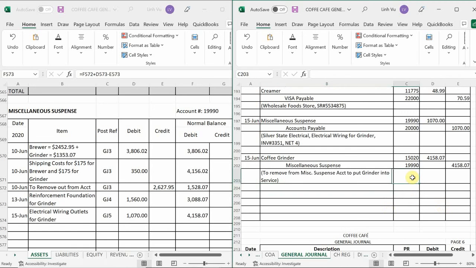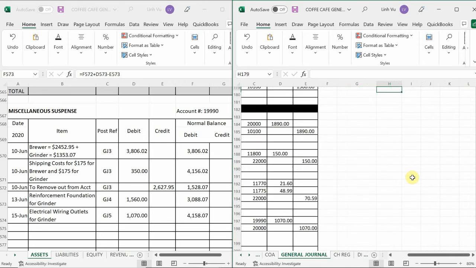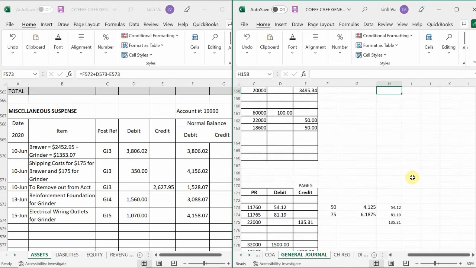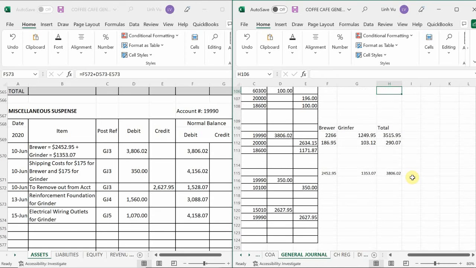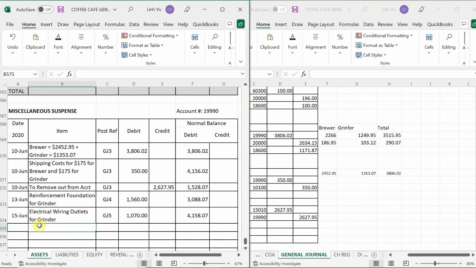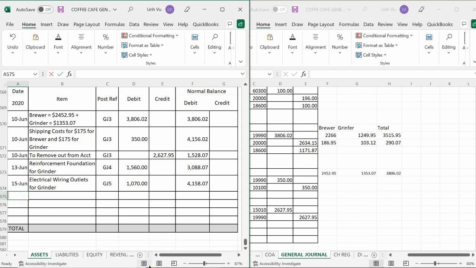So I'm going to go back up to this again since we need this information to put into my coffee grinder. Okay. So, ledger, right? It's up to you since I'm already on the miscellaneous expense account. So we can go ahead and do that one. The 15th, and we would put in the same thing that we had for the note.